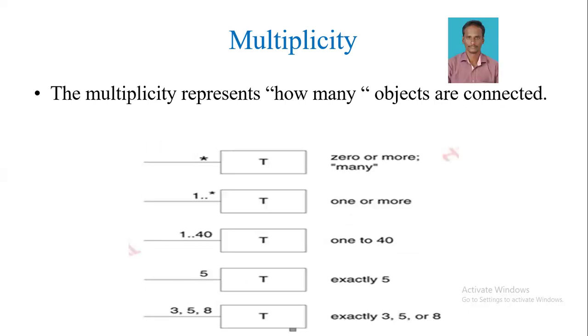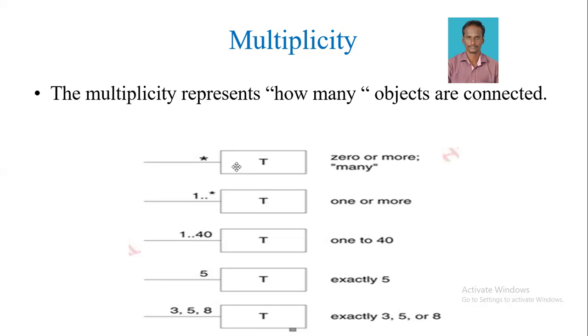For example, the many diagrams are given here. In the first diagram, if you consider T as an object, the link is preceded with an asterisk. Asterisk means zero or more. It means it may be connected with the object, or it may not be connected. Zero objects, or one, or more than one, anything.